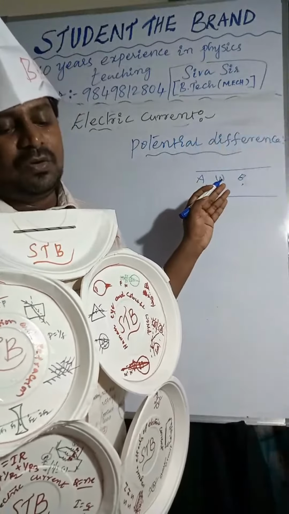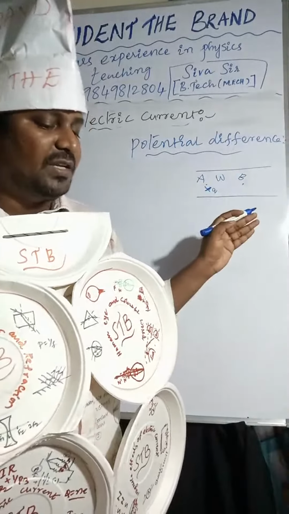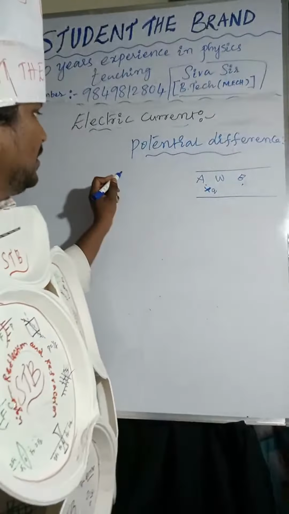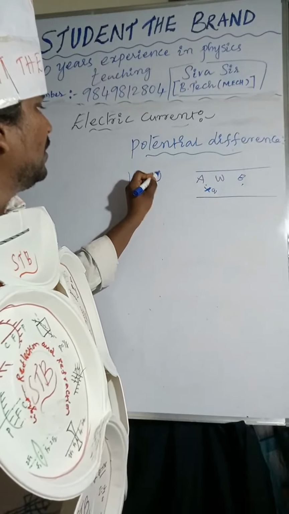Work done to bring a unit positive charge from one point to another point within the conductor is called potential difference. So V equals W by Q.